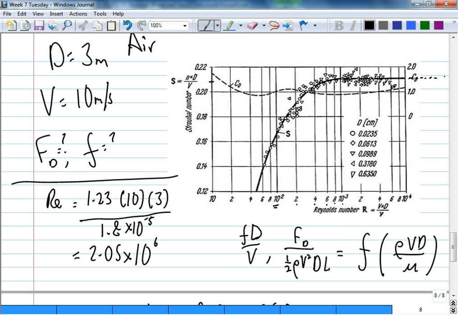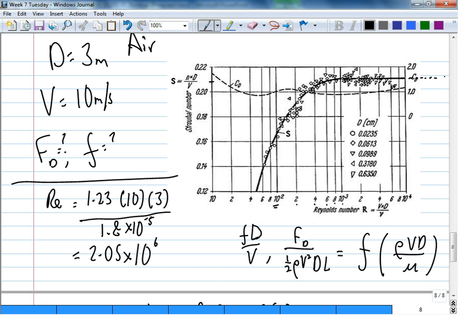This is page 501 on your textbook. Look at this graph. There's two, a cylinder and a sphere. Focus. Zoom. Okay, so page 501.